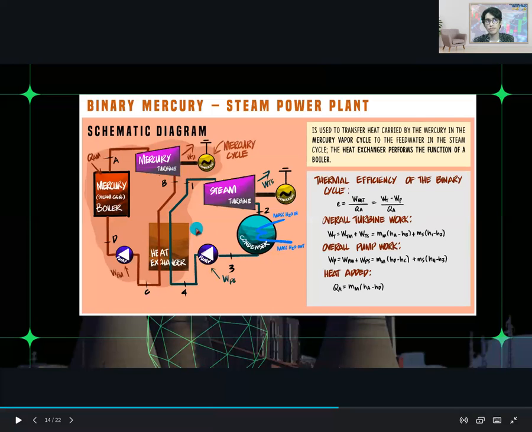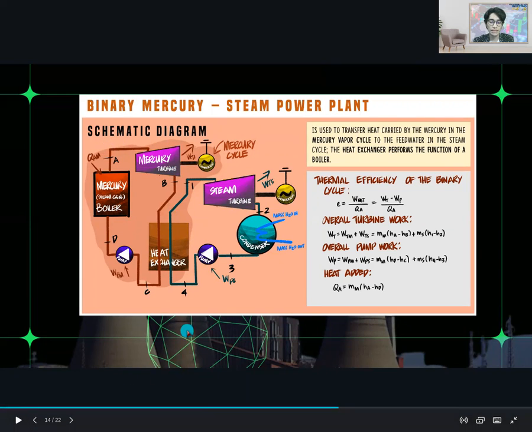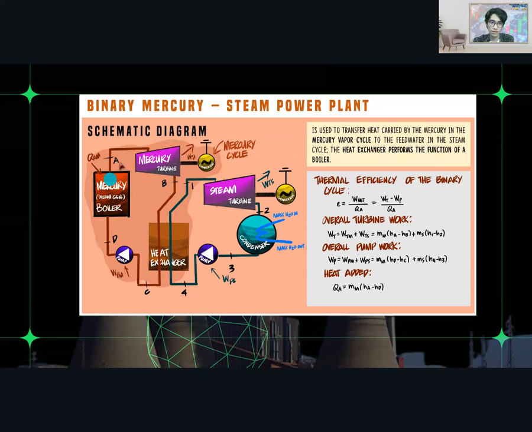So it seems like they have similarities when it comes to the combined cycle power plant. The only thing is, sa kabila is mercury ang gamit.